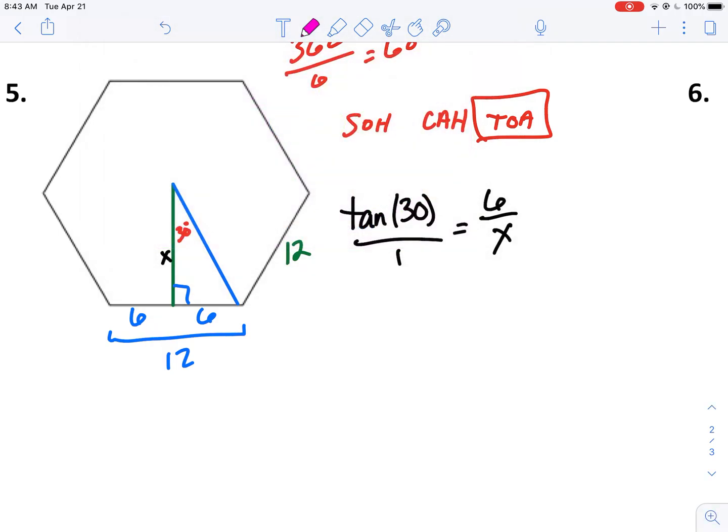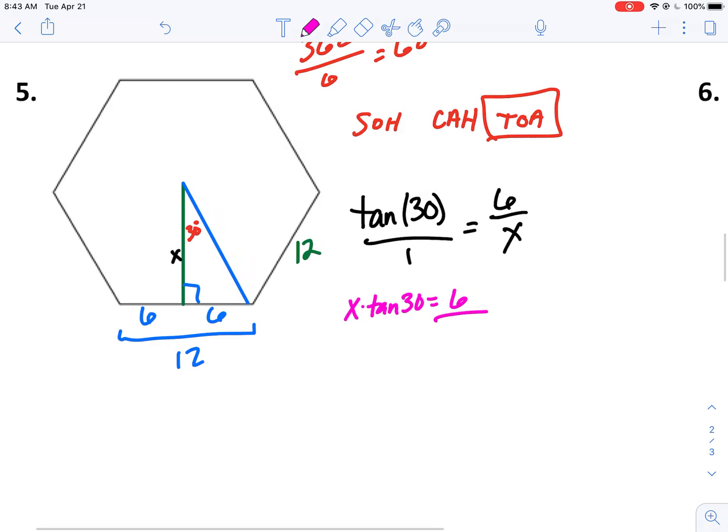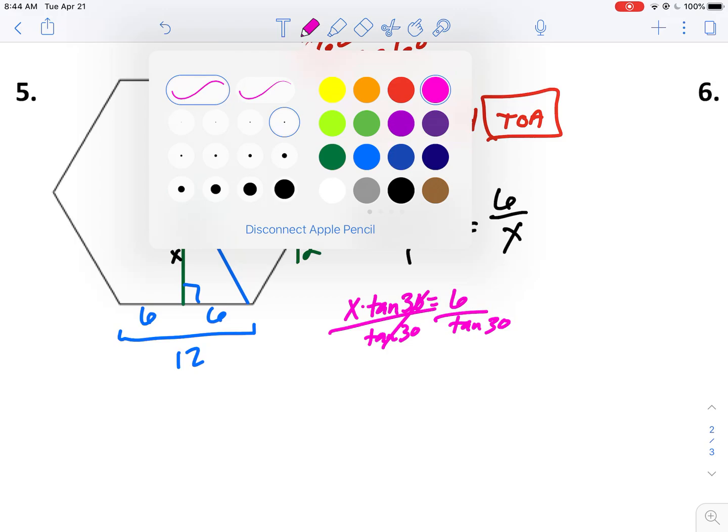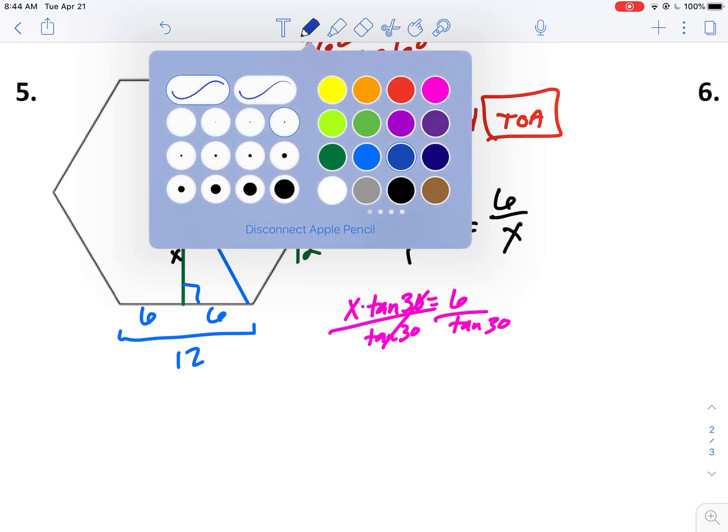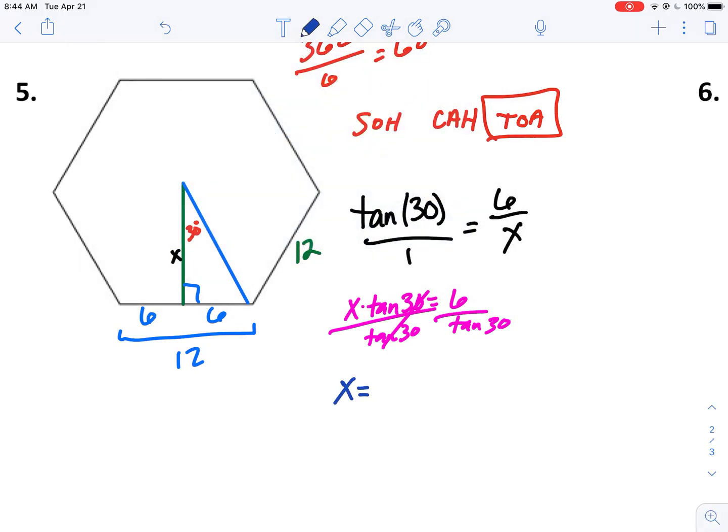I want that apothem. So I'll cross multiply, and I'll get x times the tangent of 30 equals 6. And then I can divide by tangent of 30.